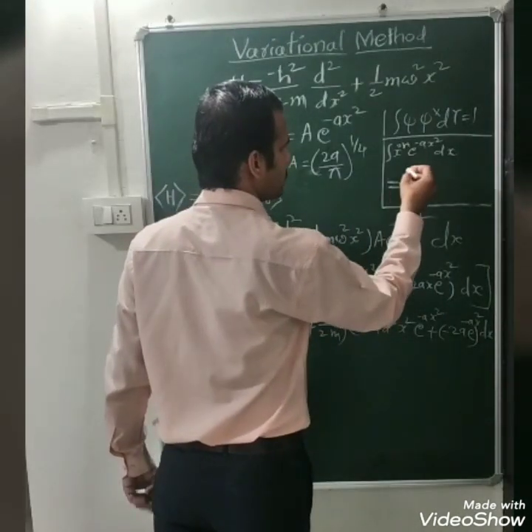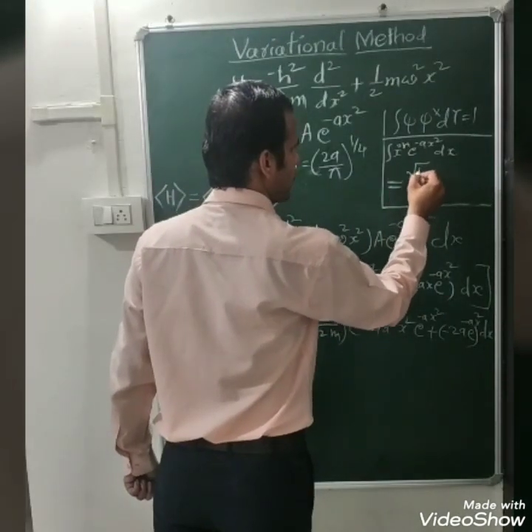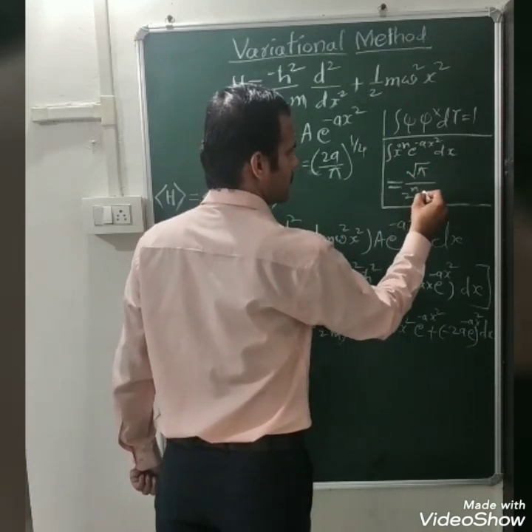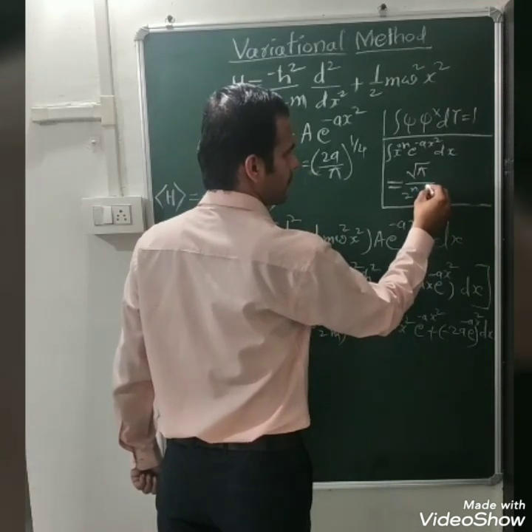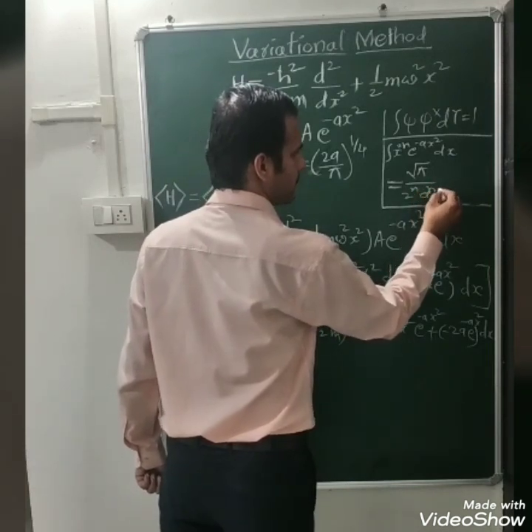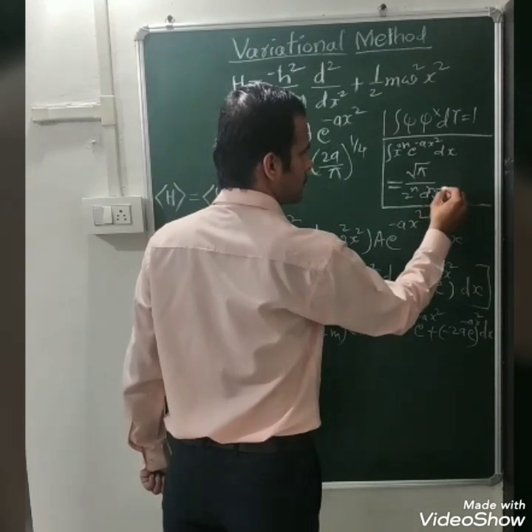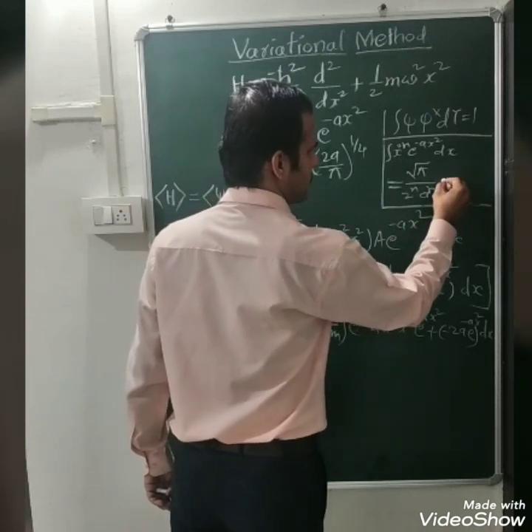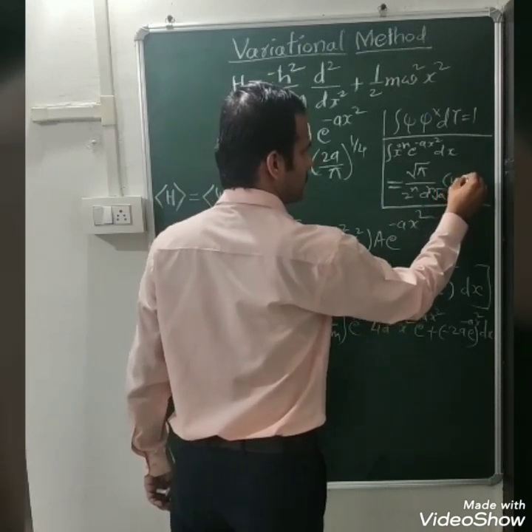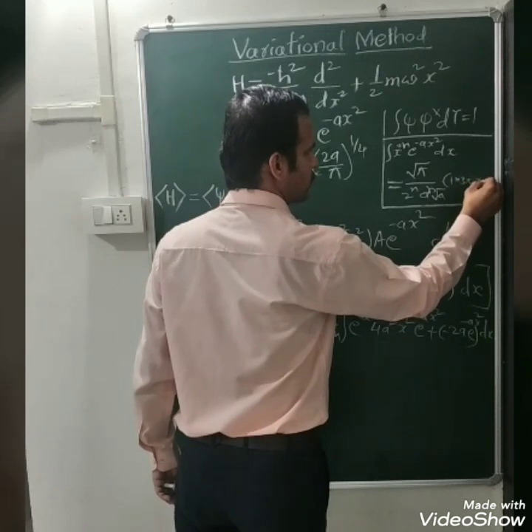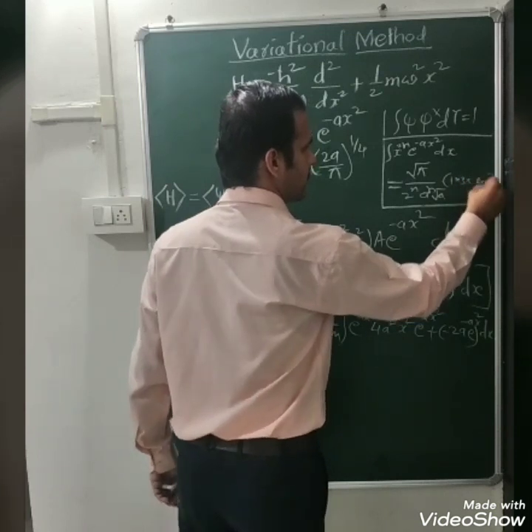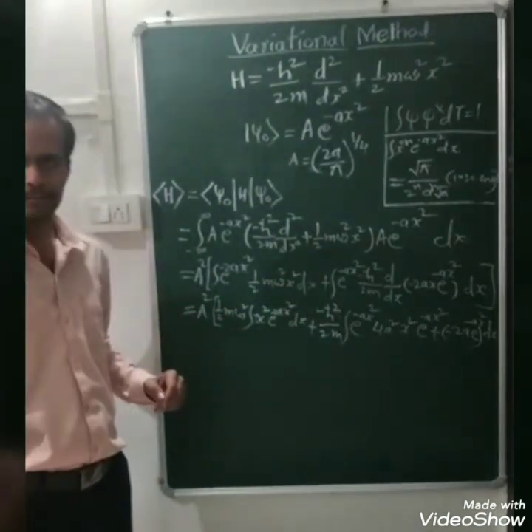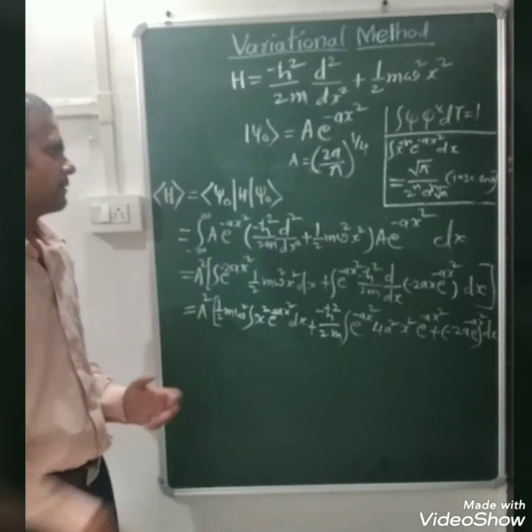Directly it is equal to square root of pi divided by 2 raised to n a raised to n into square root of a, and here 1 into 3 into dot dot dot 2n plus 1. This is the standard formula for this integration, and I am going to use that formula here.